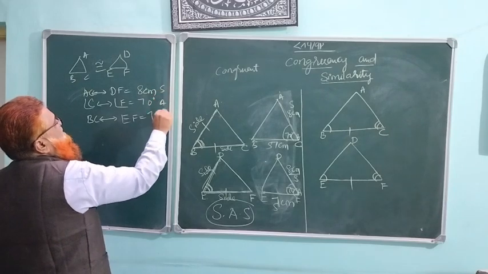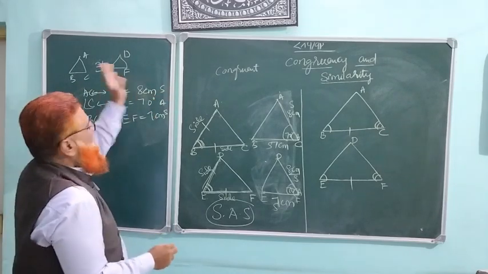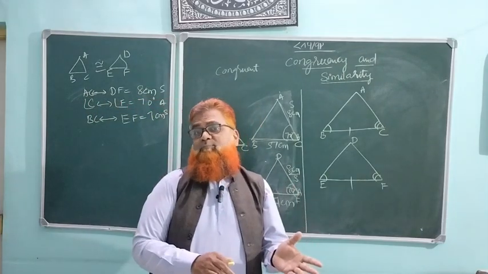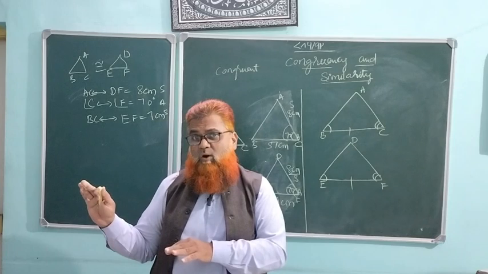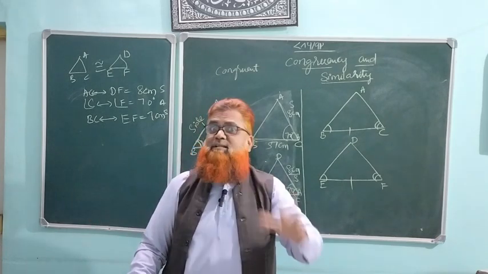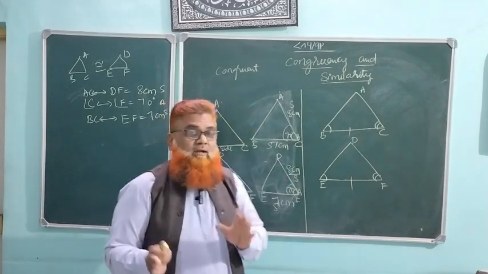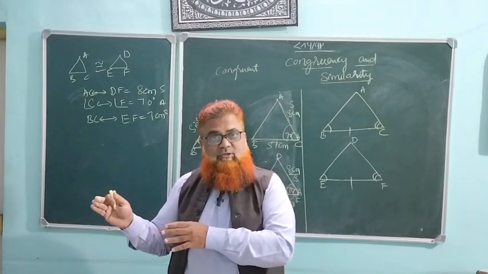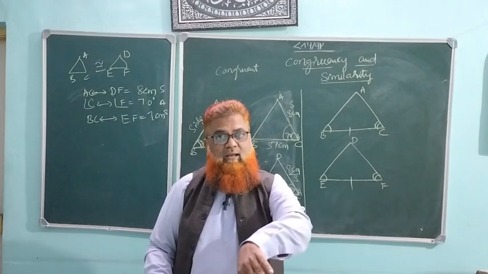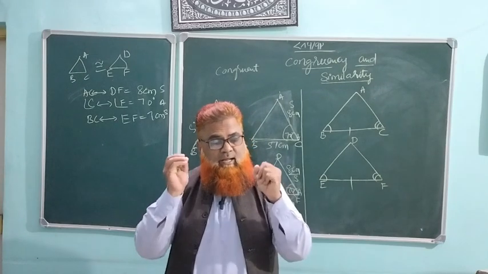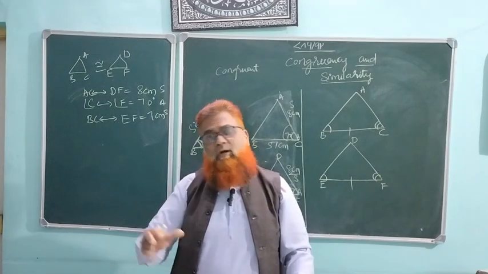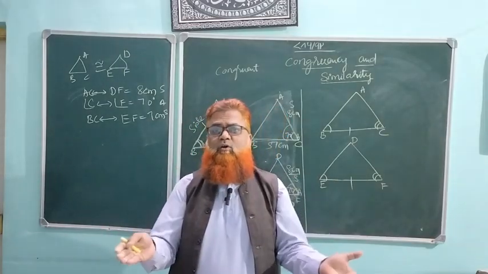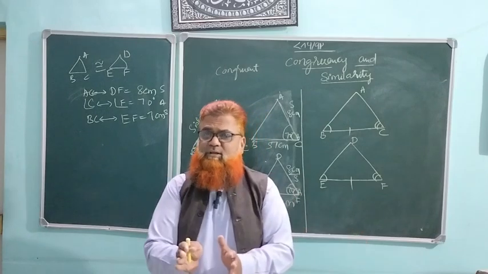This is side, angle, side. We say that both the triangles are congruent. Still, two angles and one side are remaining. For a triangle we have three sides and three angles, but in the SAS postulate we have taken two sides and one angle. Think about what about the two remaining angles and one side? They are also equal. When they are congruent, the remaining parts are also equal.